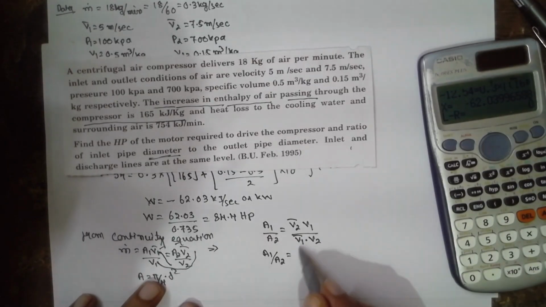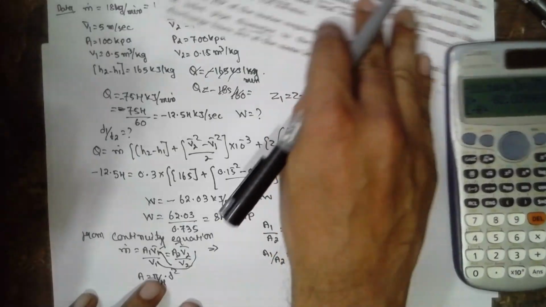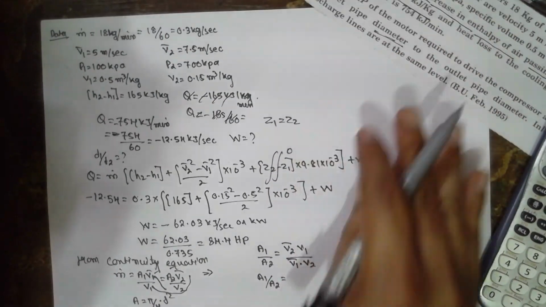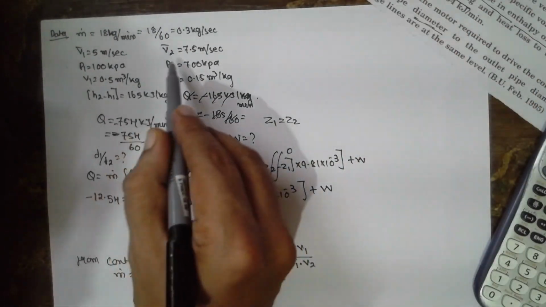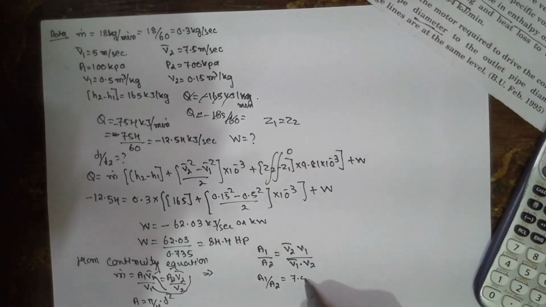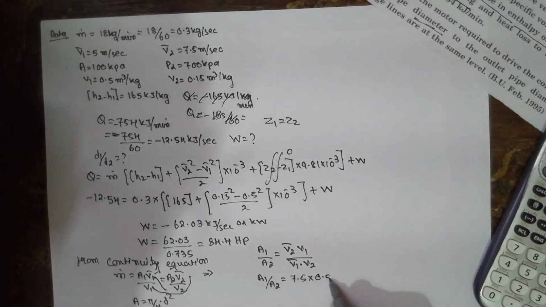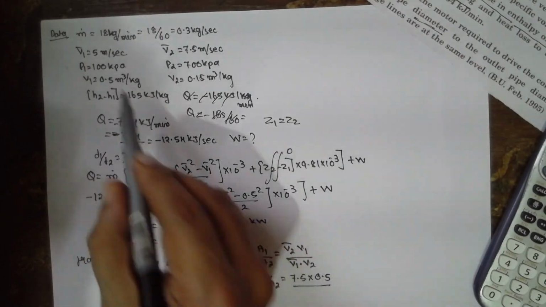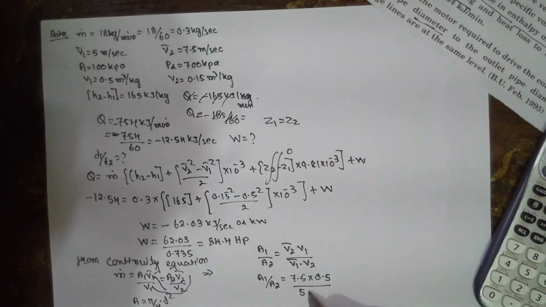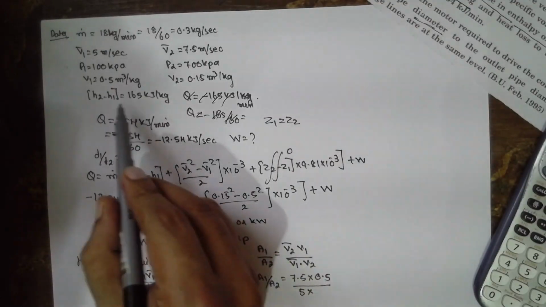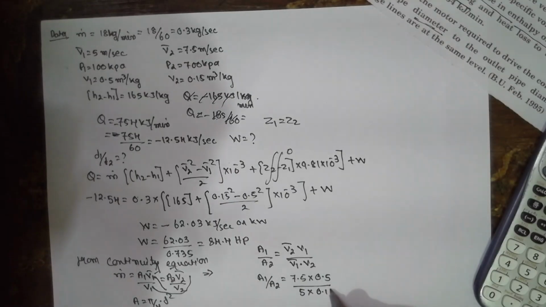V2 bar is 7.5, v1 is 0.5, divided by V1 bar 1.5 into v2 0.15.